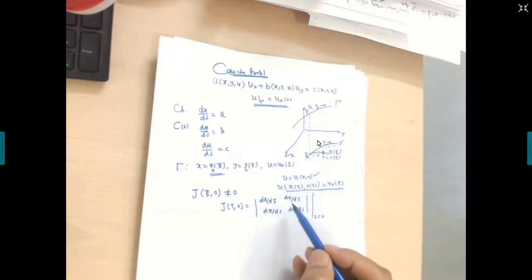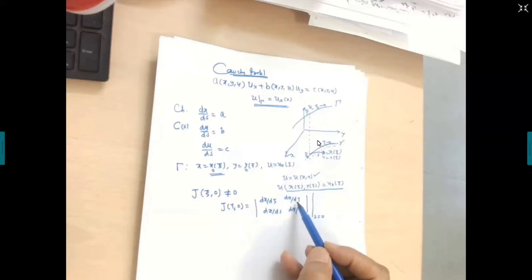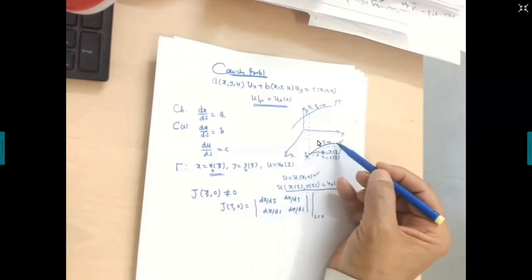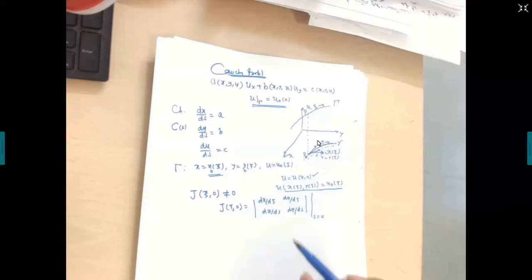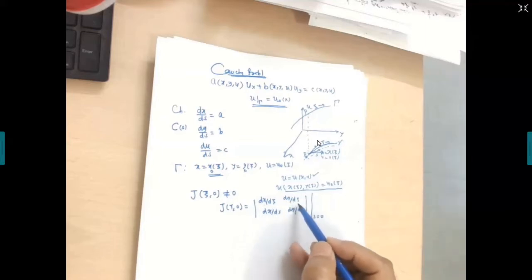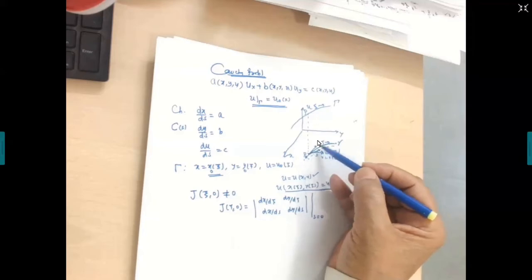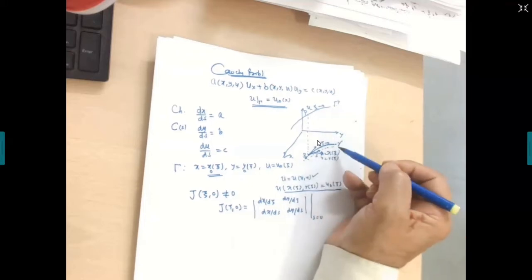And dx/dxi, dy/dxi, what are these entities? These are the components of the tangent vector to the base curve at this point, that is, this is tangent to this and this is tangent to this. So dx/dxi, dy/dxi are the components of the tangent vector to small gamma, which is the base curve, the projection of capital gamma.